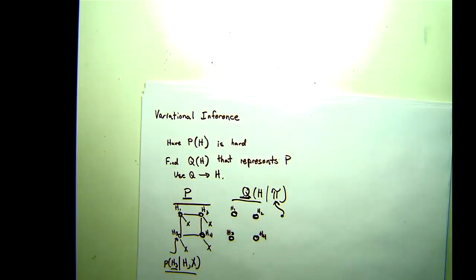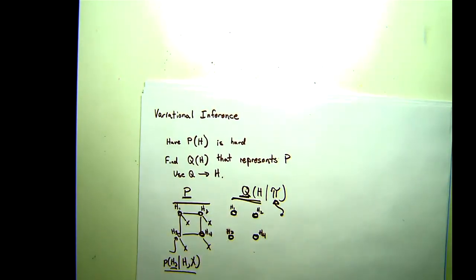We don't know what it is, but it has some settings. Q has some settings that are going to depend on this pi that we choose. And we're going to make sure that the likelihood of the H's coming out of P is really close to the likelihood of the h's coming out of Q, and we're going to do that by adjusting these pi parameters that are associated with Q.